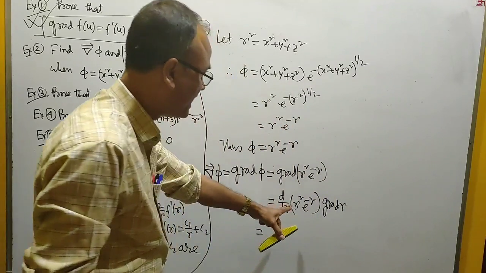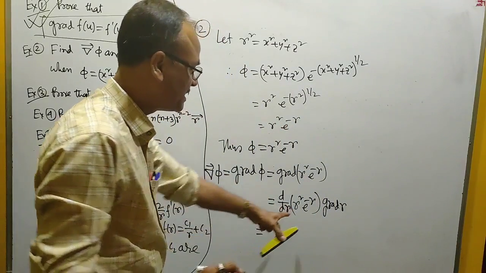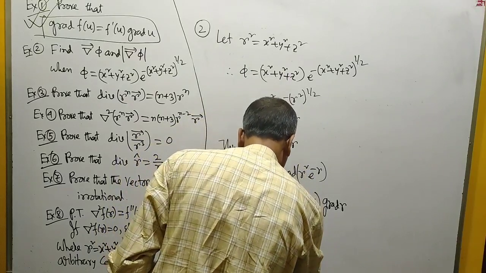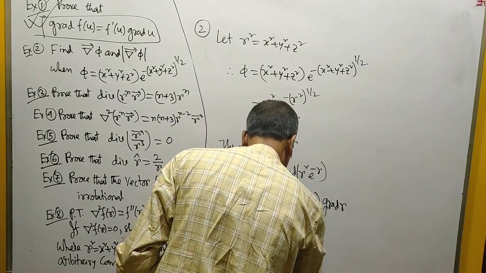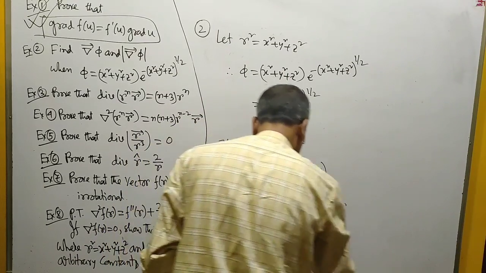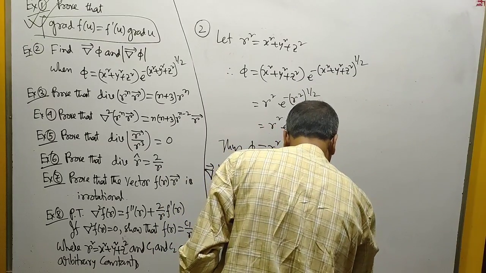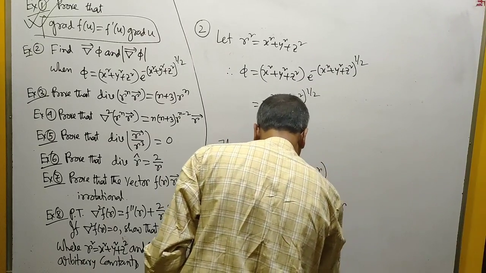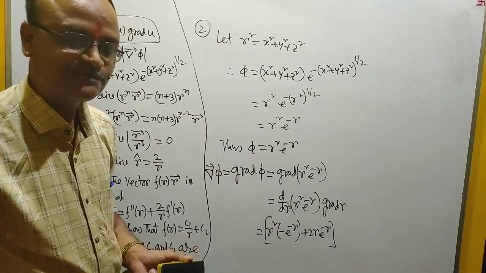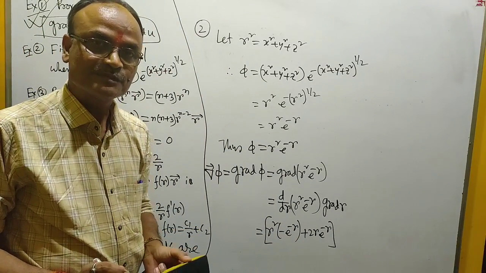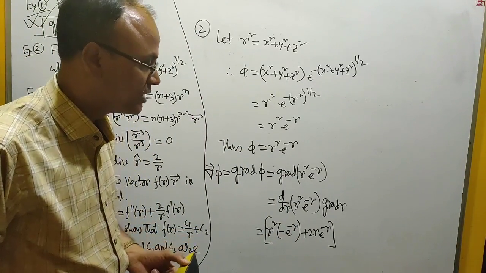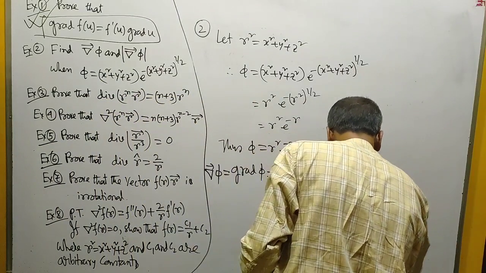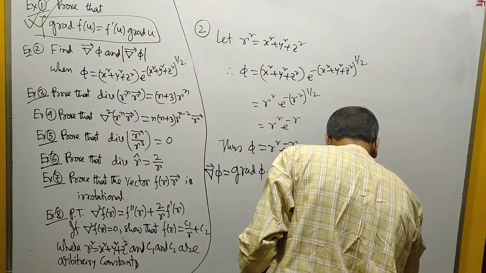It is the product function: first function r² times the derivative of e to the power minus r, that is minus e to the power minus r, plus 2r e to the power minus r. What is gradient of r? Gradient of r equals 1 by r times the vector r.